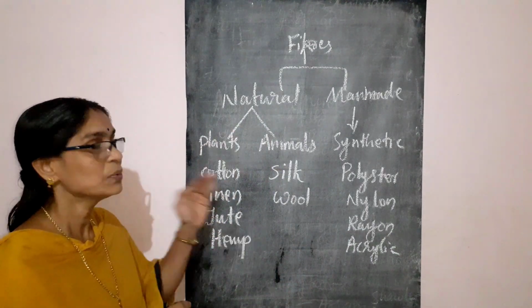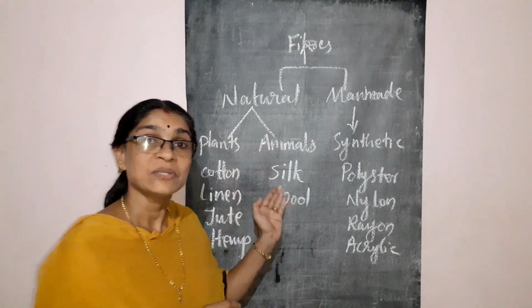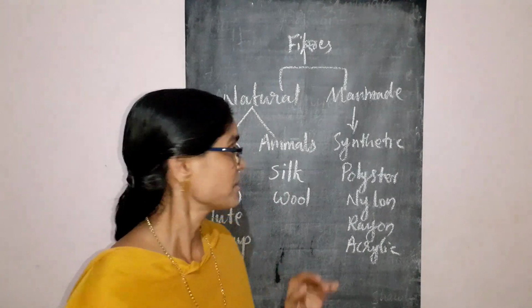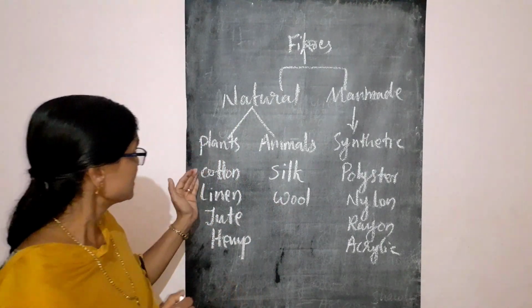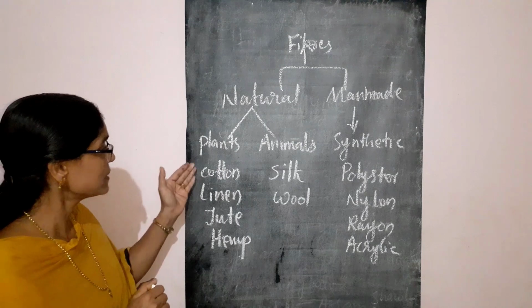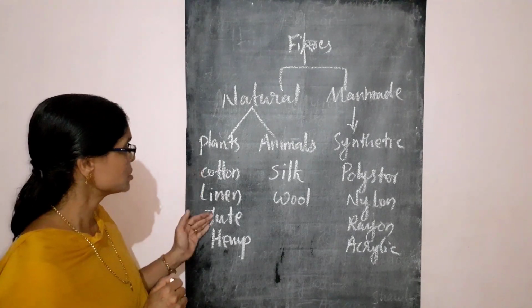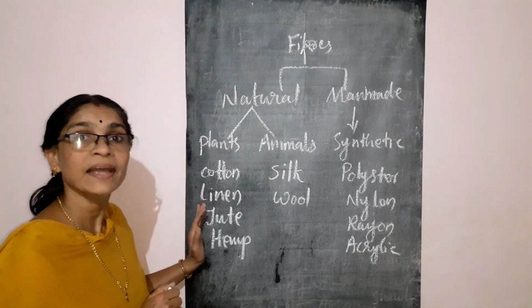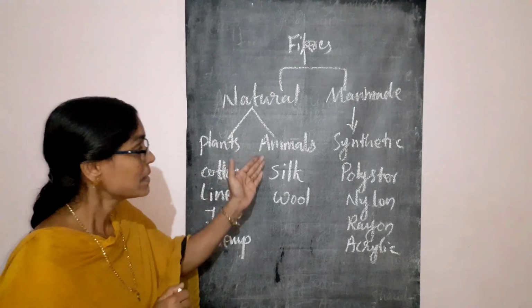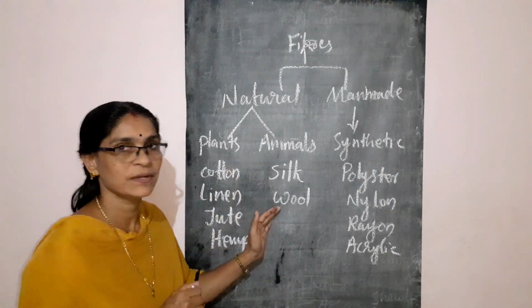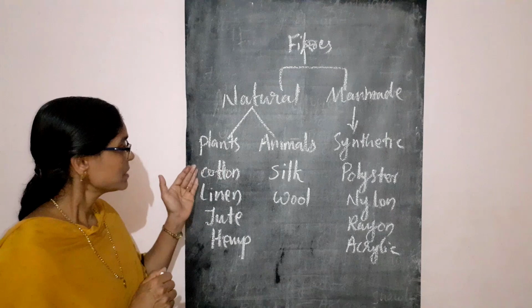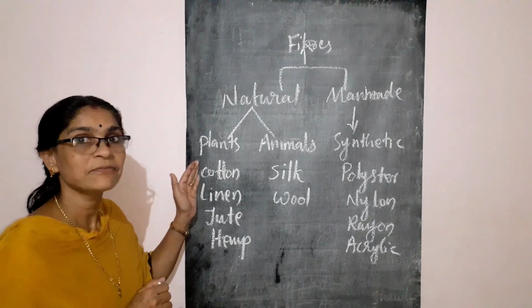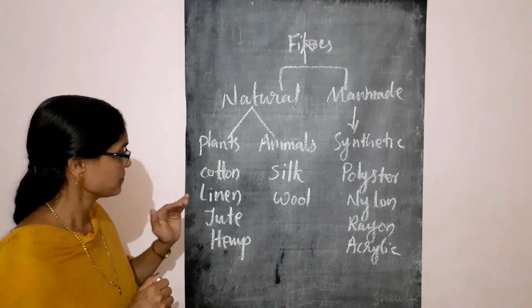So these are all examples you studied in class 6th. Main plant fibers are cotton, jute, linen and hemp. Animal fibers are silk and wool. Cotton is obtained from the fruit of the cotton plant.